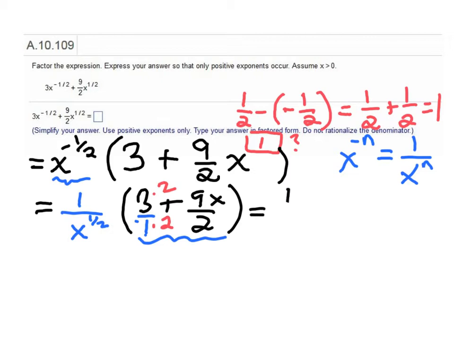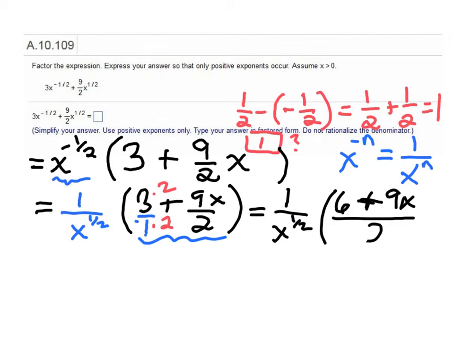So now we have 1 over x to the 1/2 times 3 times 2, so 6, plus 9x. Sorry, that's a plus there. All over 2. We've got that common denominator of 2, so we can write this as a single fraction with denominator 2.